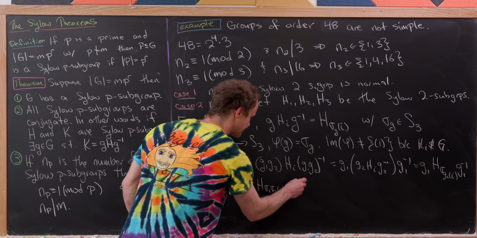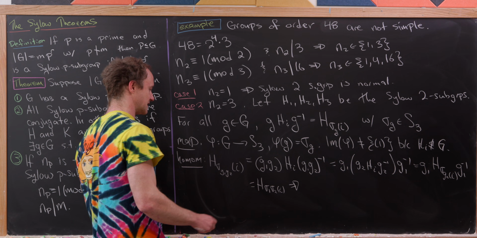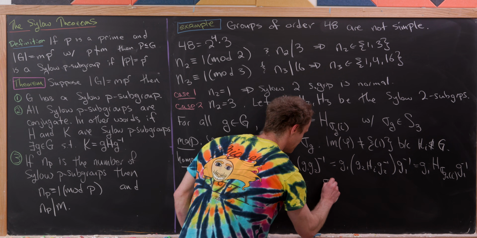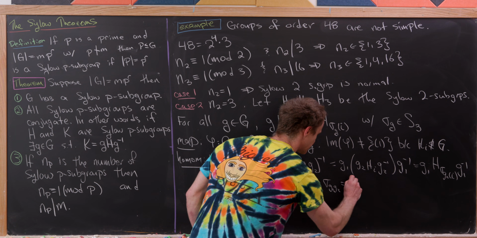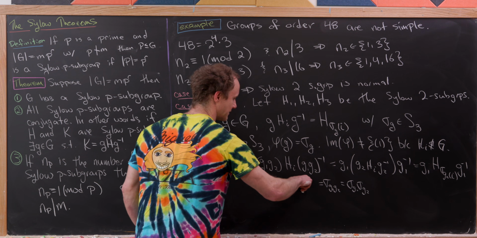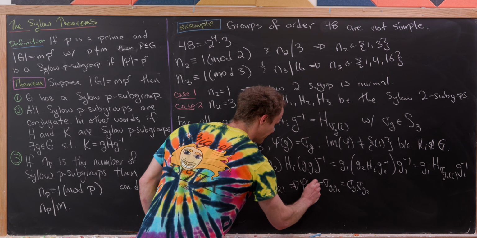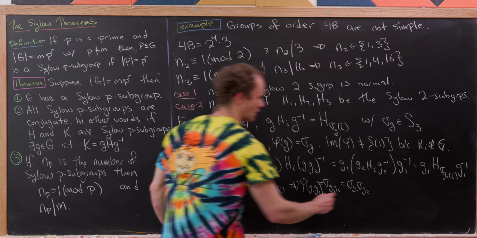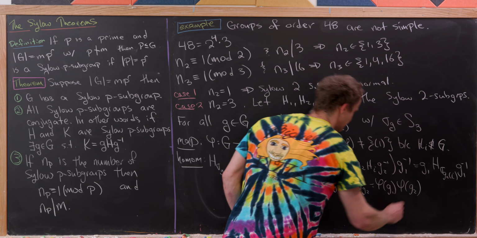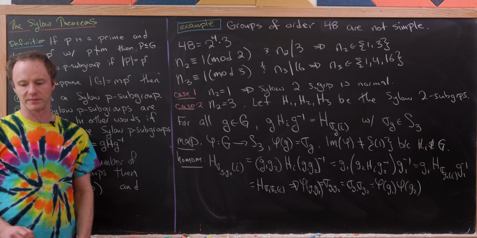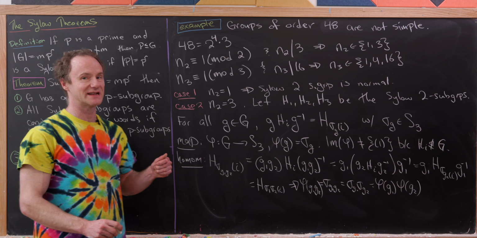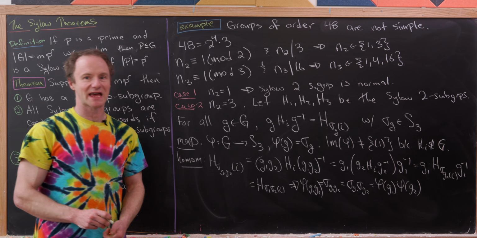But now let's observe, just by extracting the subscript here, that means that sigma g1 g2 is equal to sigma g1 composed with sigma g2. But notice that sigma g1 g2 is simply phi of g1 g2. And then over here on the right, that's phi of g1 times phi of g2. But that's the condition of this thing being a homomorphism. Okay, so now we've got a homomorphism that is non-trivial from G to S3.